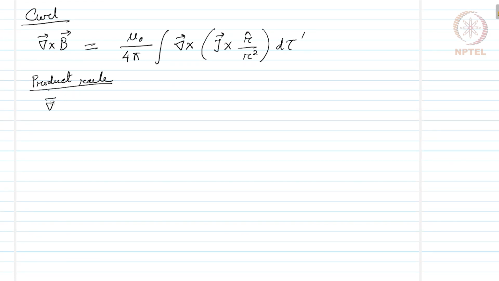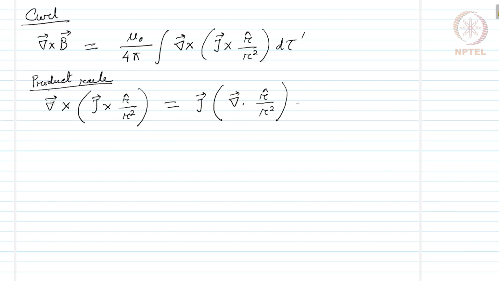With another product rule, we can write that curl of j cross r cap over r squared can be written as j times the divergence of r cap over r squared minus j dot the gradient of r cap over r squared.